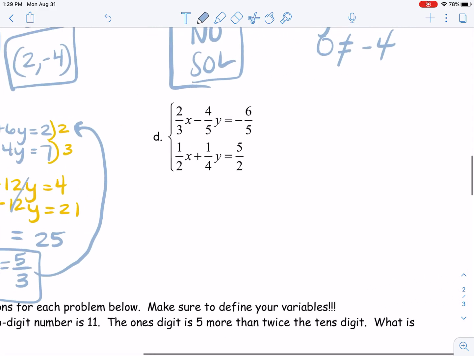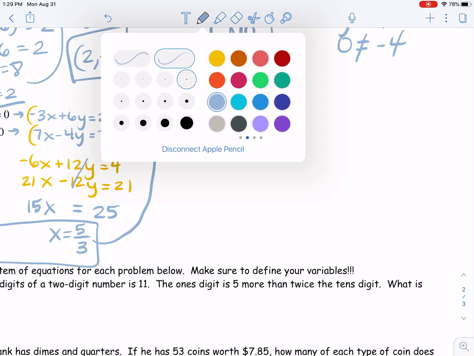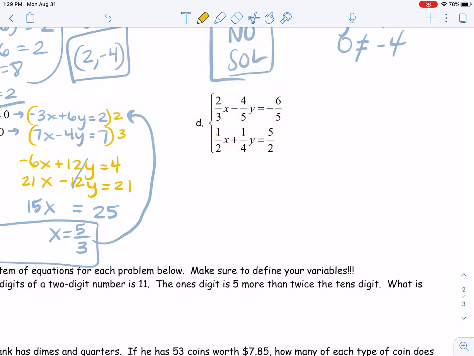And then lastly, part D. You may look at this and think, oh my goodness, this is overwhelming. There are so many fractions. The easy thing for us to do is to get rid of those fractions. Notice in the second one, I can multiply by 4 and it'll all be whole numbers. So I'm going to rewrite that: 2x plus y equals 10.